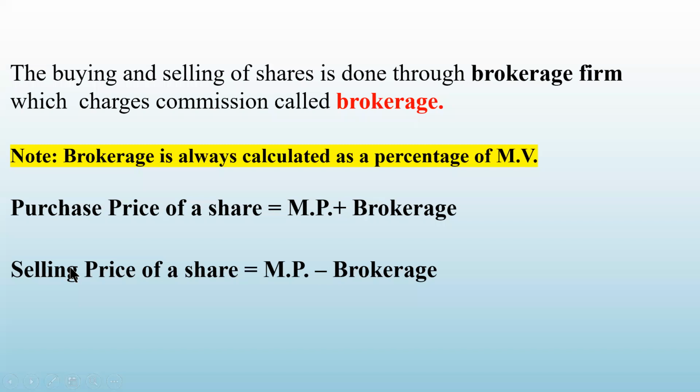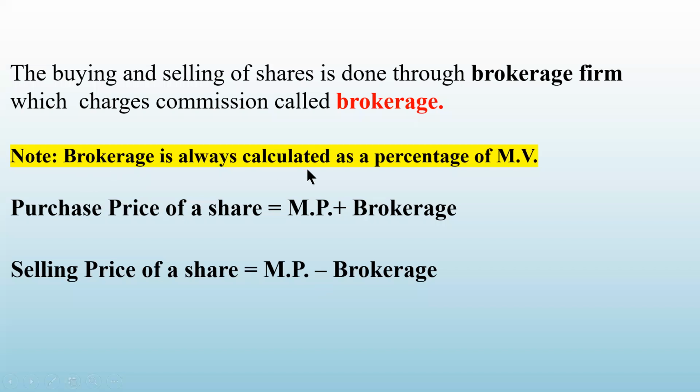And when you sell the shares, you get the money, but you will not get all of it. From that, brokerage will be deducted. So selling price is market price minus brokerage. Remember one thing: when you are finding the purchase price, brokerage has to be added to the market price, and when you are finding the selling price, brokerage has to be deducted from the market price.